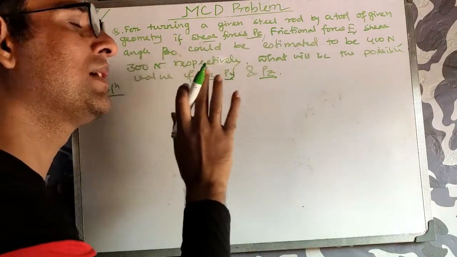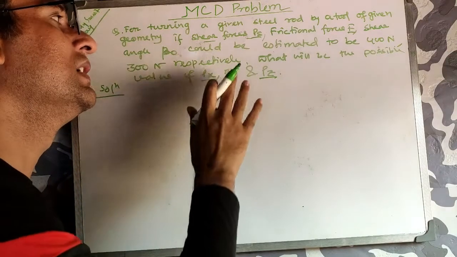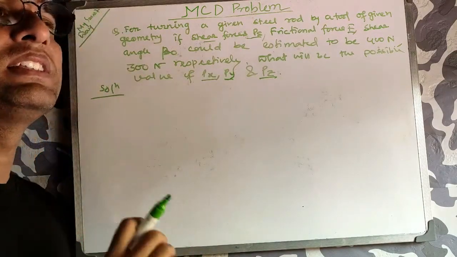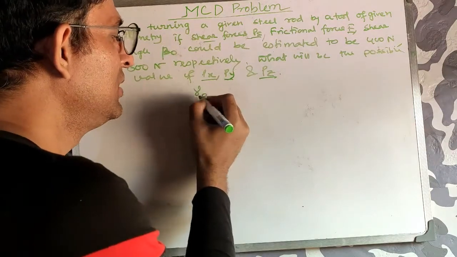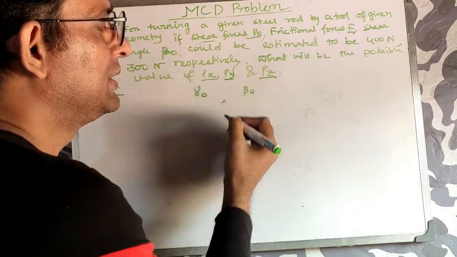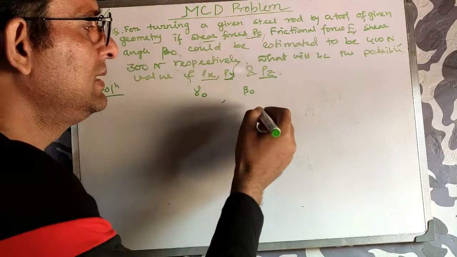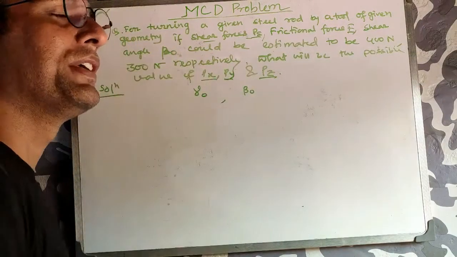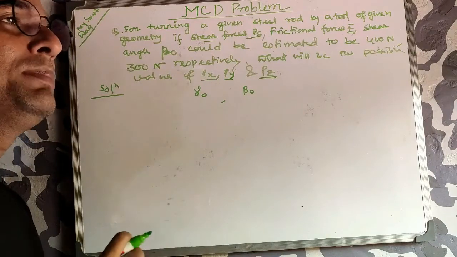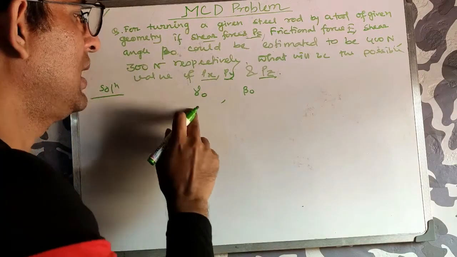If in some kind of problem you find that these data are insufficient, then you can assume the value of gamma 0 as well as beta 0 when it says that you need to find out other cutting forces using the Merchant circle diagram. So how to find out?